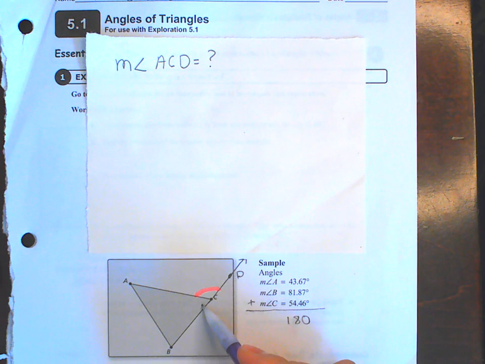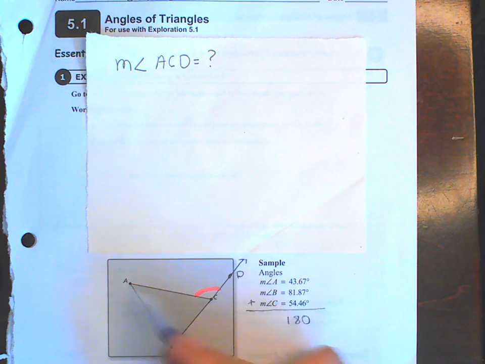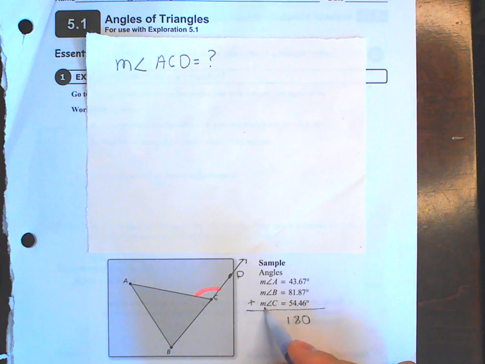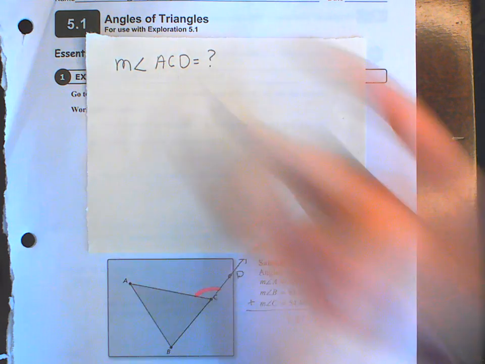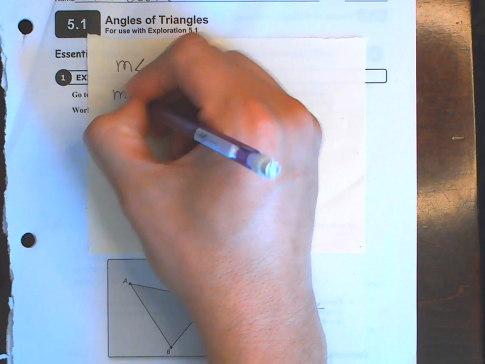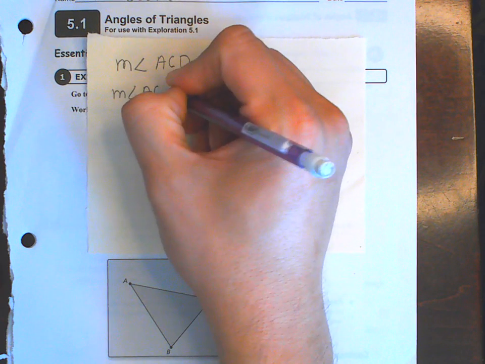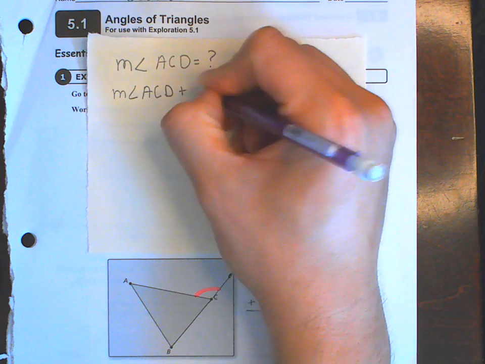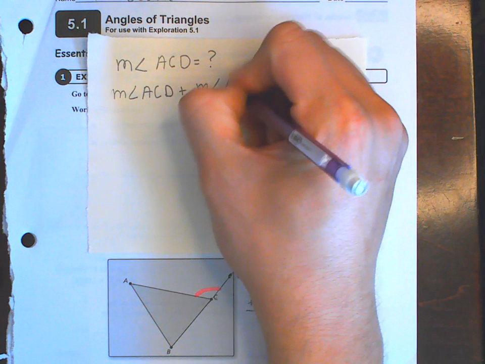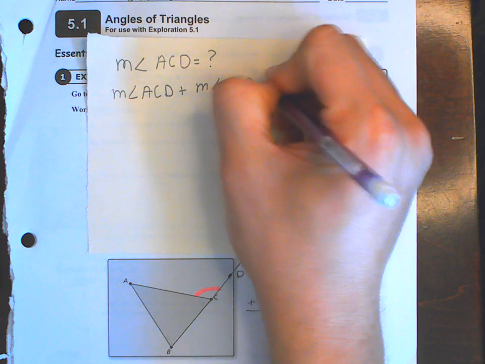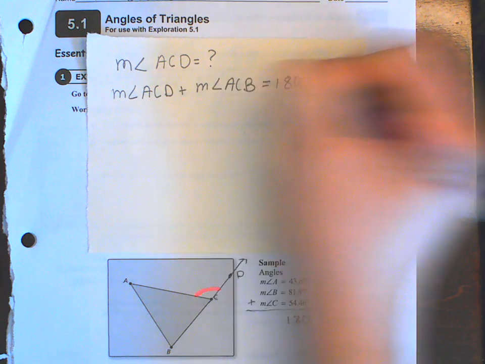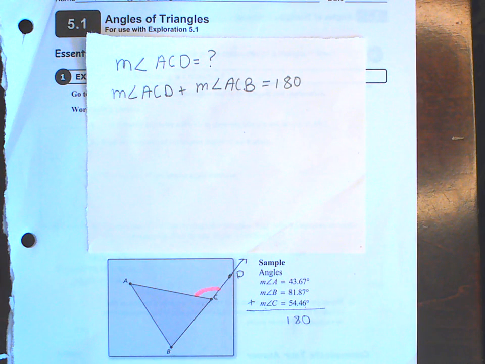I can easily figure out how much it's going to be because I do know what angle C is. Angle ACB is the same as angle C in the original diagram. So what we do know is that the measure of angle ACD plus the measure of angle ACB is 180 degrees because it is a linear pair.